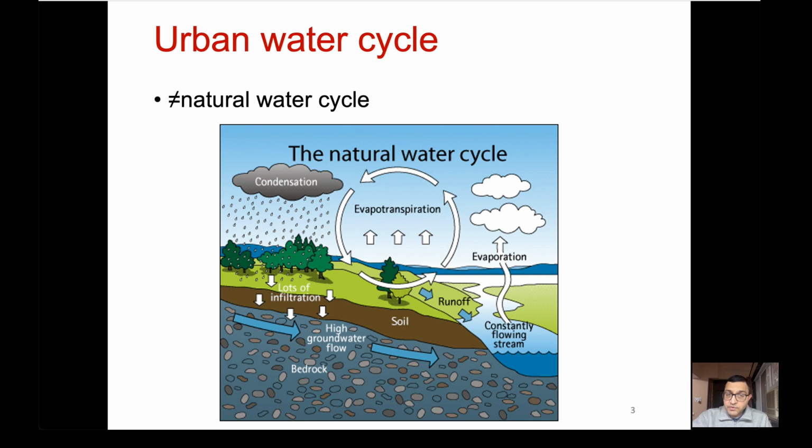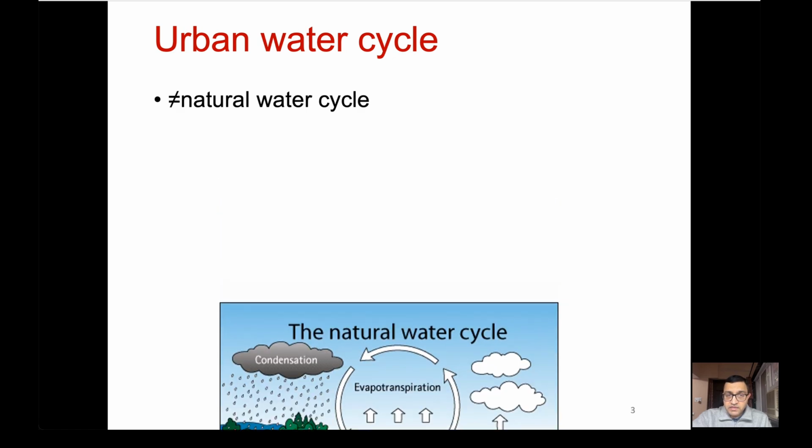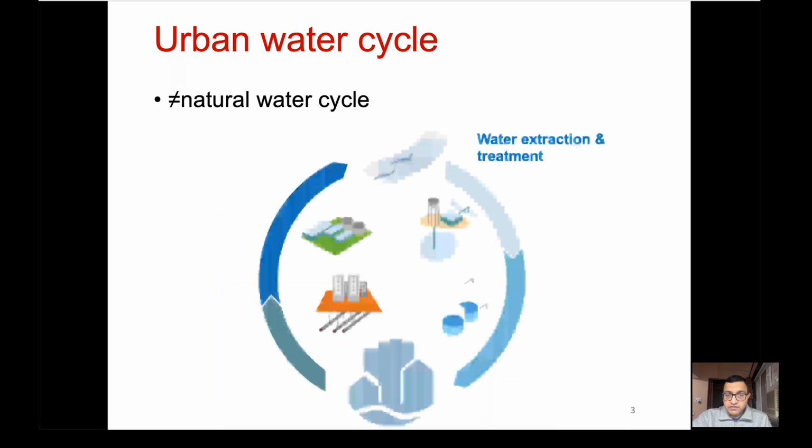So when we talk about the urban water cycle, which is of course very different from the natural water cycle, we have water extraction and treatment. First of all, we take water, either groundwater or surface water, and then extract it and then treat it in a water treatment plant. And then that's distributed to industries and residences via a pipe network.